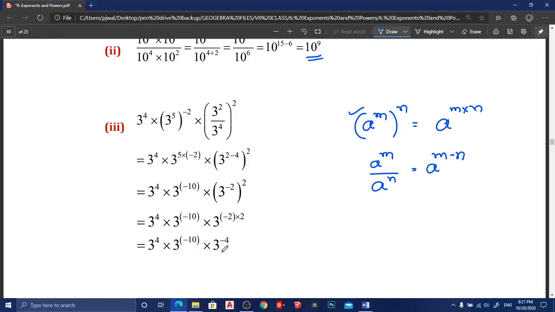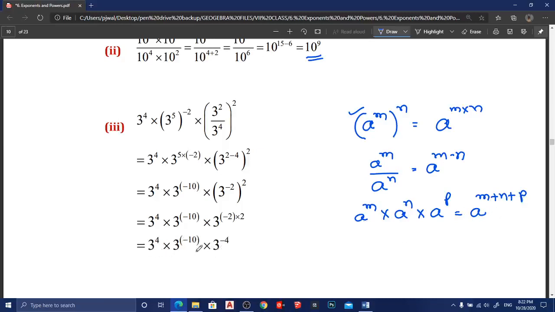Now if you observe, this is again in the form of the first formula, a to the power of m into a to the power of n. By extending this to three terms, you can write a to the power of m into a to the power of n into a to the power of p as a to the power of m plus n plus p. By adding all the powers, you can convert this expression to a simplified form like this.